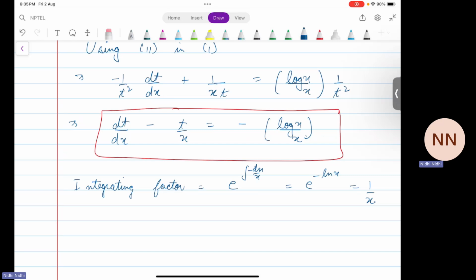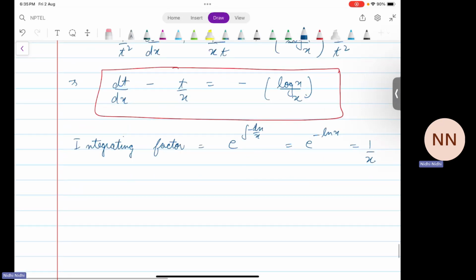So with this integrating factor, we get our general solution as t times the integrating factor is equal to the integral of the integrating factor times the function, -log x / x, plus some constant c.